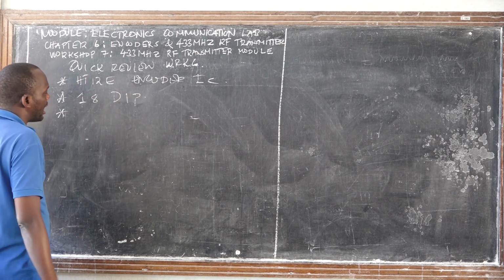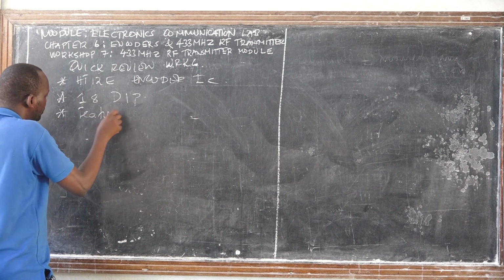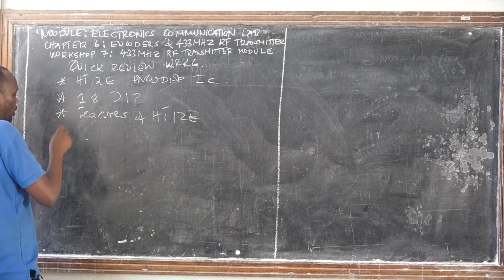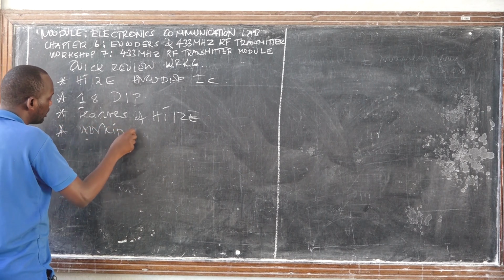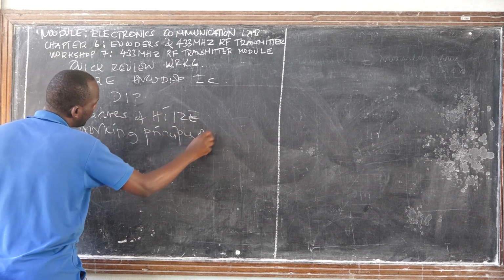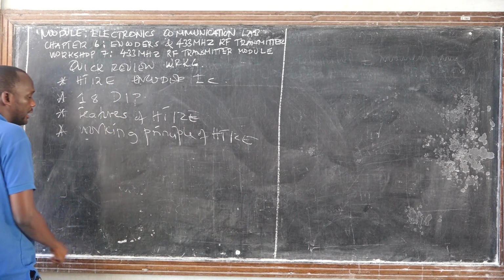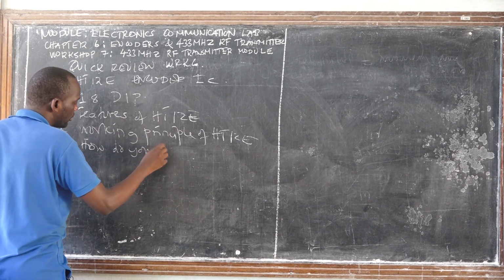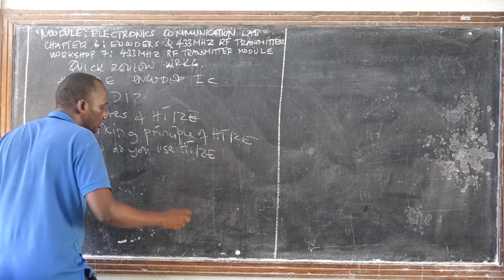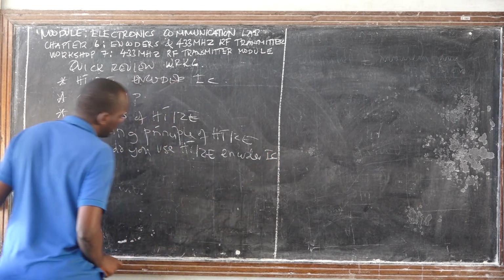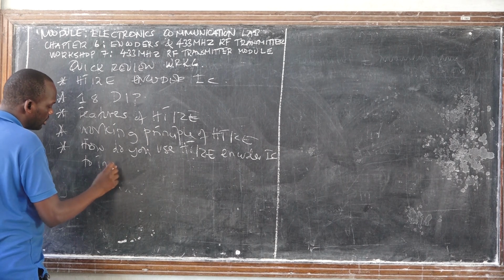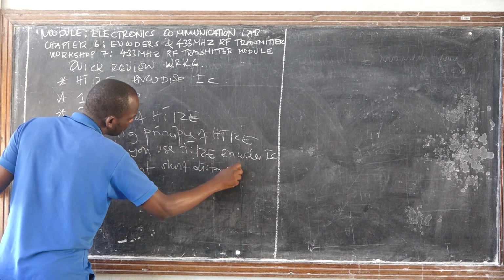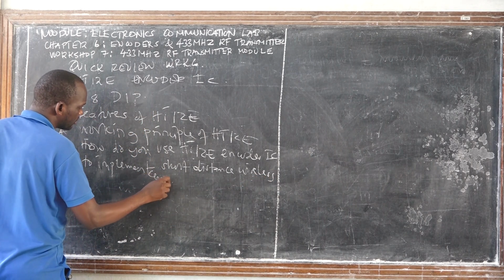We also discussed its features and its working principle, and how you use the HT12E encoder IC to implement short distance wireless communication.